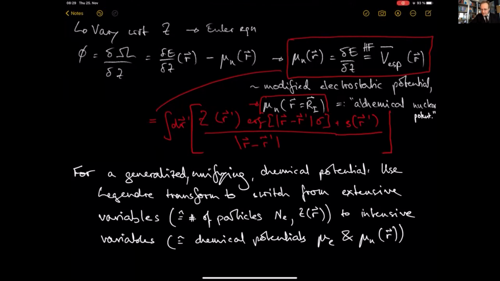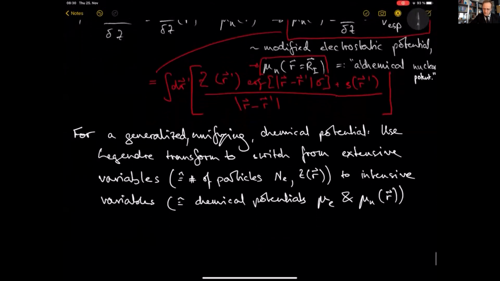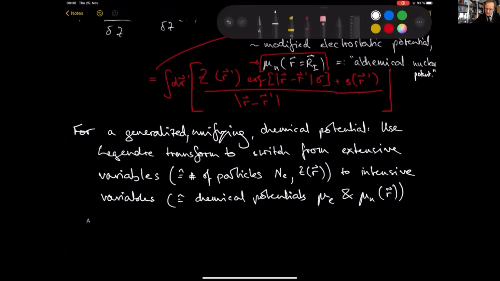So we can use the Legendre transform for this, and we use for this generalized chemical potential. Let's use. No, I'm doing something wrong. Wanted this.